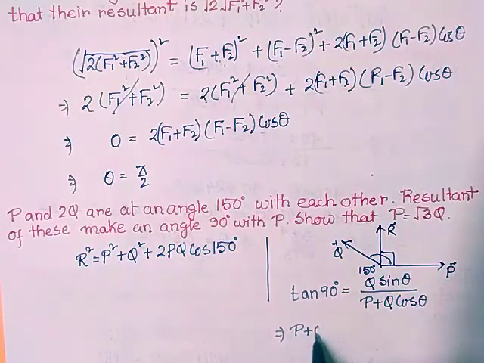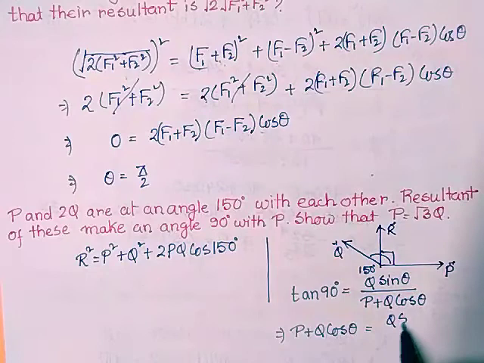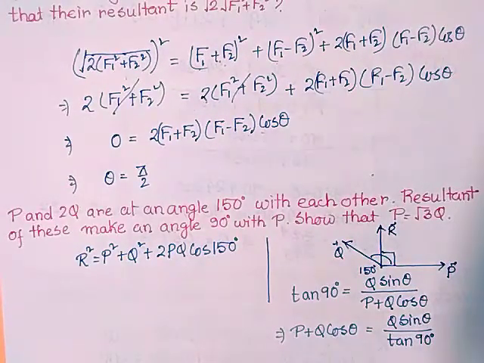So P plus Q cos theta is equal to Q sin theta divided by tan 90, just like before. So it is tan 90 degrees, and it will be 0.